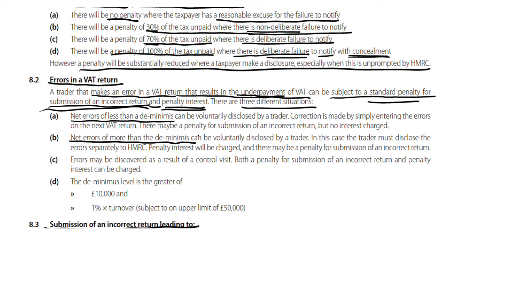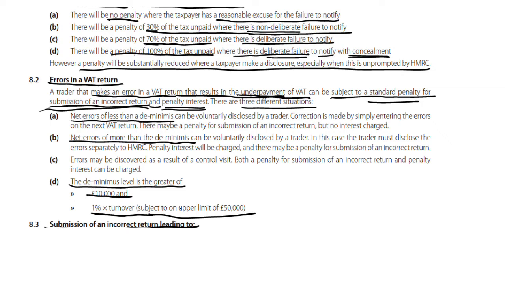Now, the de minimis limit here is the greater of, in terms of the error in the VAT return, either the underpayment of tax or the over-refund of tax, £10,000 and 1% of the turnover for that VAT return period. Notice this de minimis level is the greater of those two.